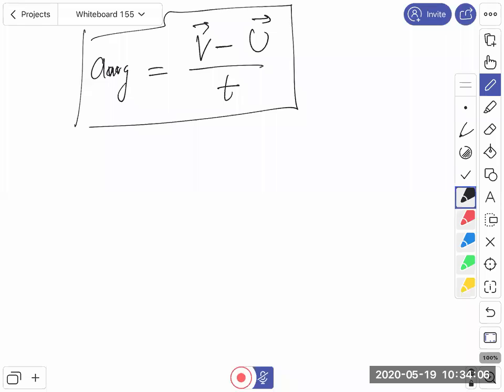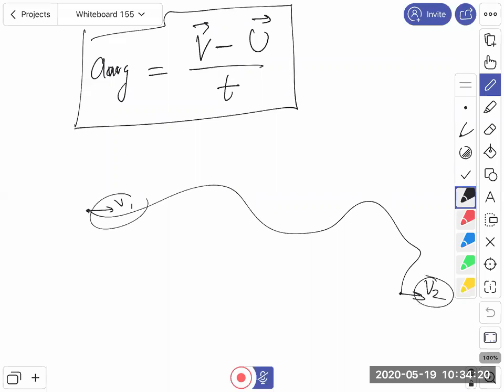A particle starts here and let's say it has some velocity v1, and in between it has some different velocities. We are not bothered about that. Let's say it has a final velocity v2. We'll just take final velocity minus initial velocity divided by the time taken. That will give the value of average velocity, or sorry, average acceleration.